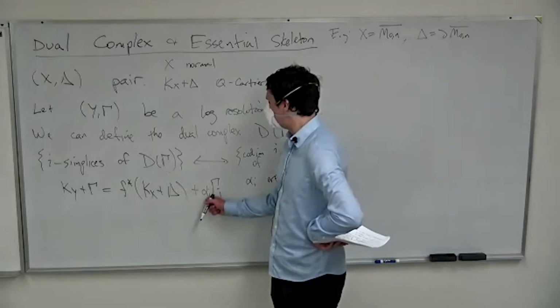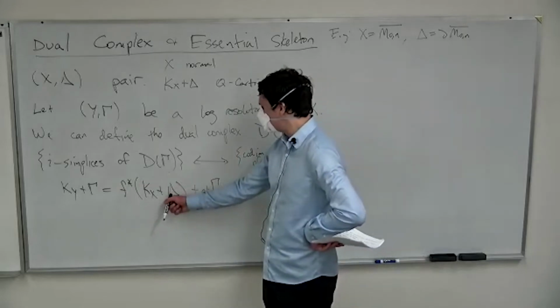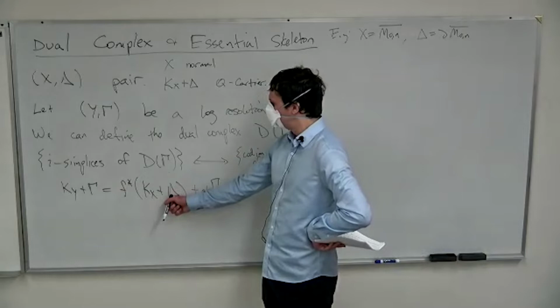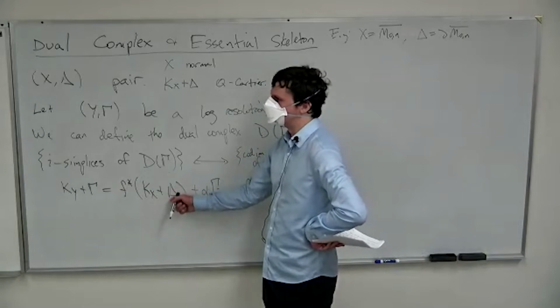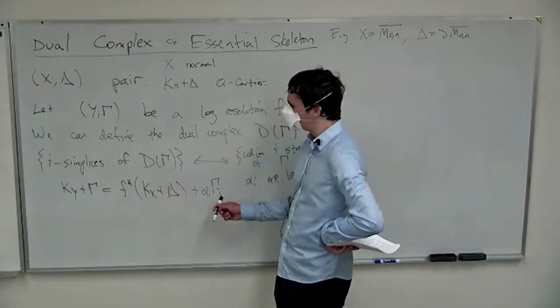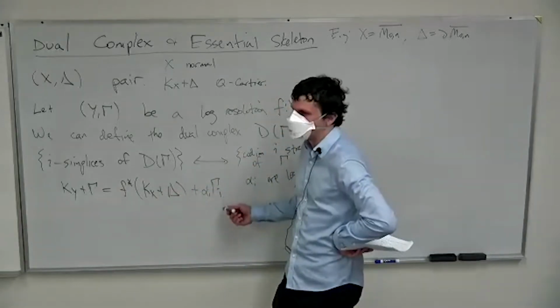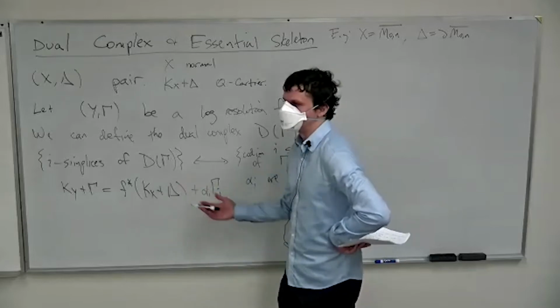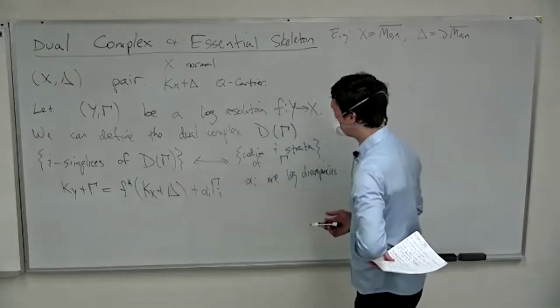Here the alpha_i for Delta is just 1 minus the coefficient in Delta. Often those you don't really have to think about, but to get a uniform definition we consider them both at the same time.